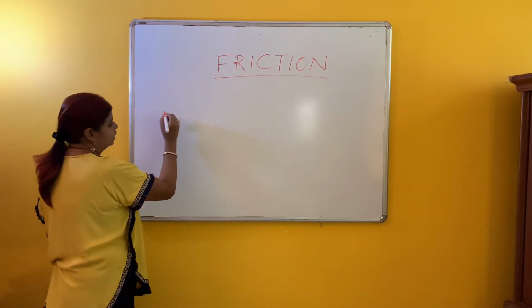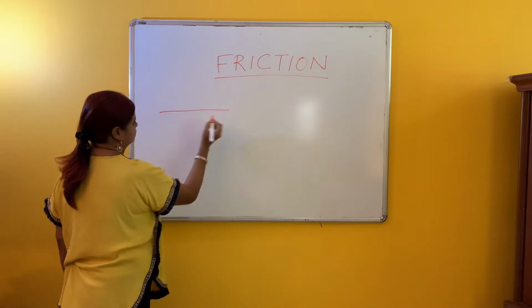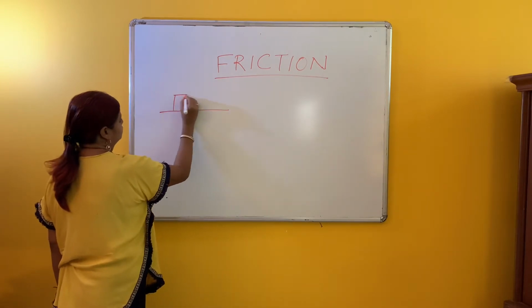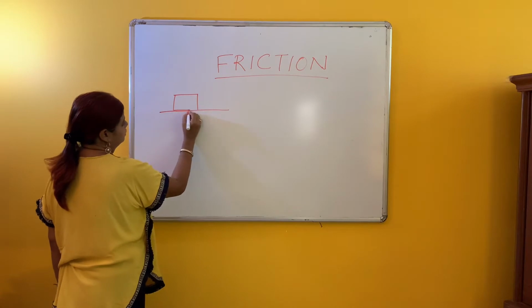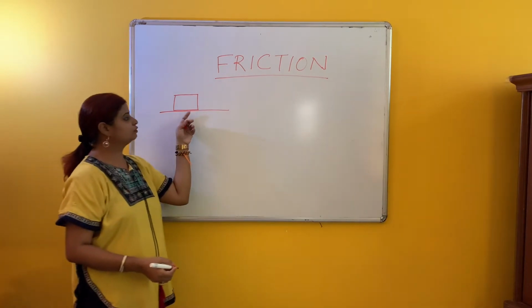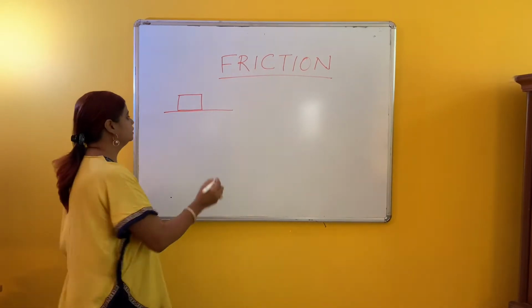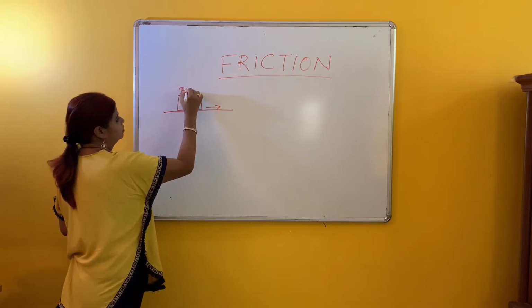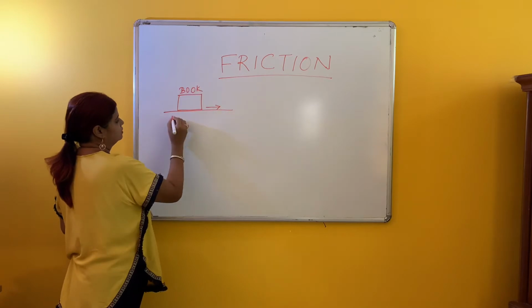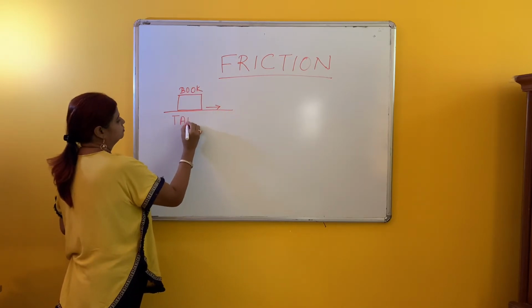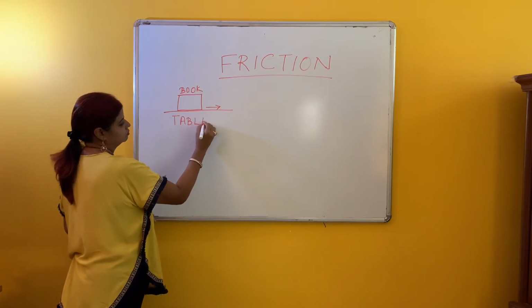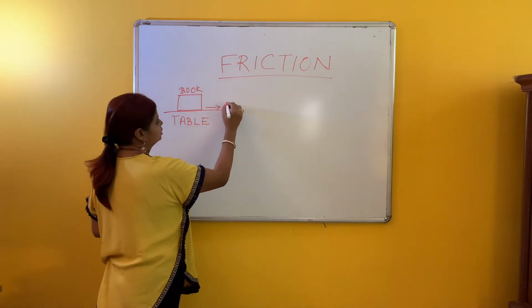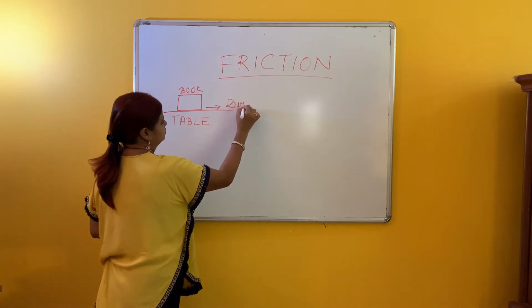So let's draw a diagram. So this is our surface and on this the book was kept. So this was the book which was kept on the table. So what is the direction of motion? So this is the direction of motion.